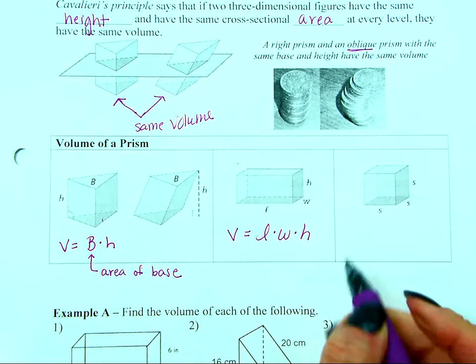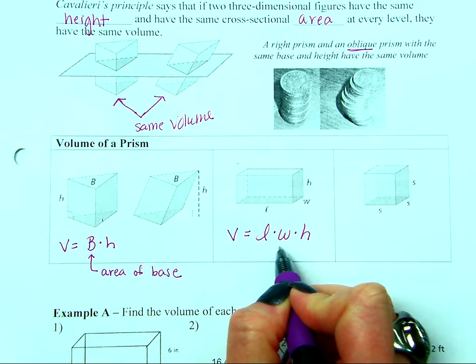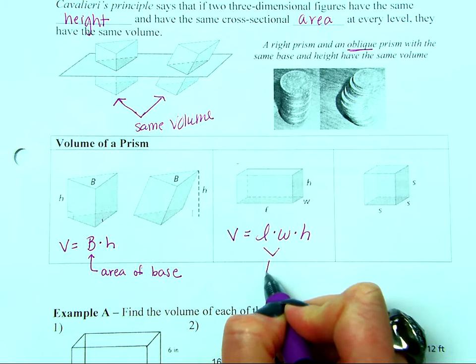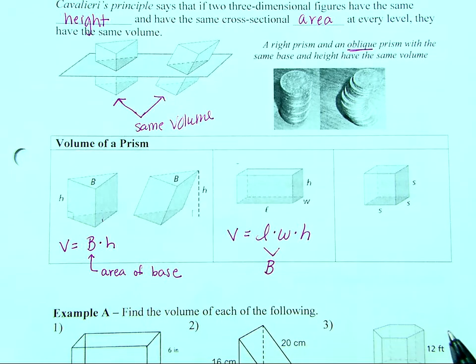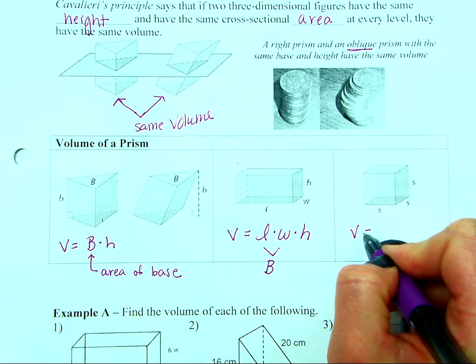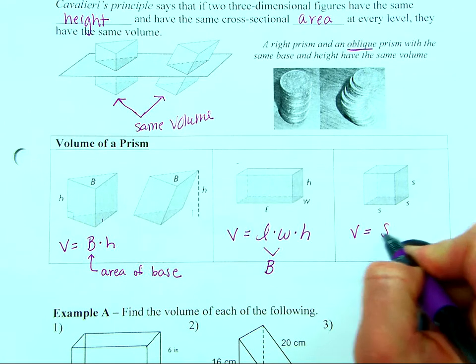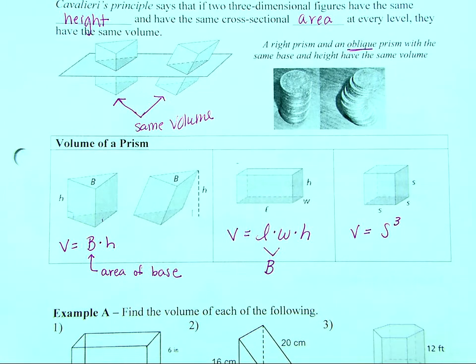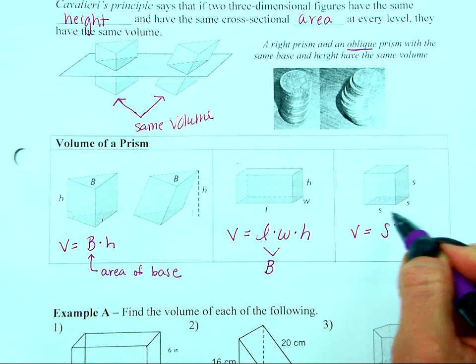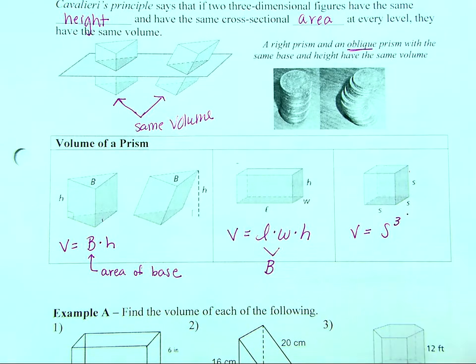That's true. Length times width is actually the capital B, your area of the base. And a cube, you may have learned as side times side times side, or S cubed. That is true as well. I'm still finding the area of my base times the height. It's just that all my dimensions are the same.